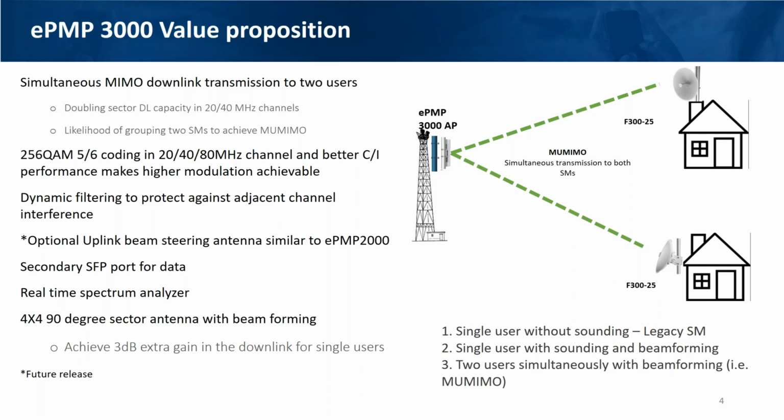The beamforming we're talking about here is very much in the downlink. It has to do with 2 of the sector antennas directing the beams towards one subscriber. The last piece is leveraging that beamforming: you're now able to do downlink transmission in MIMO to 2 subscribers at the same time.